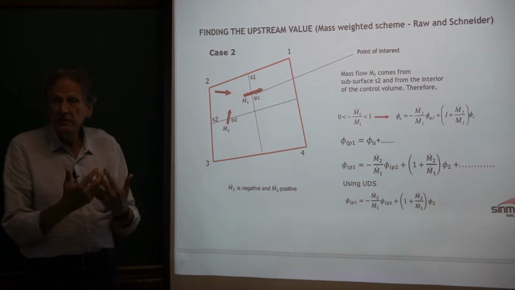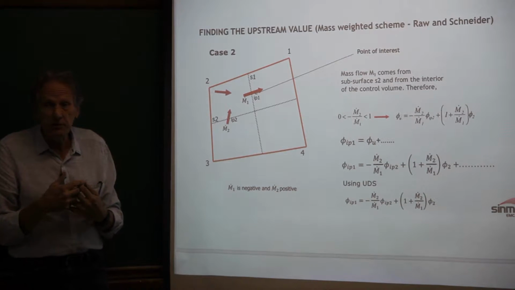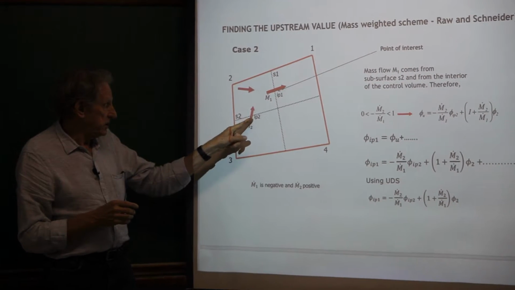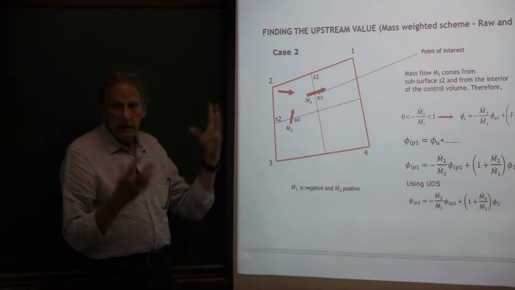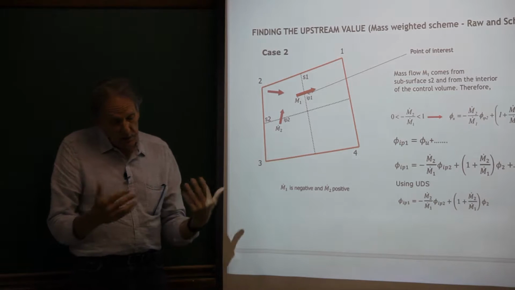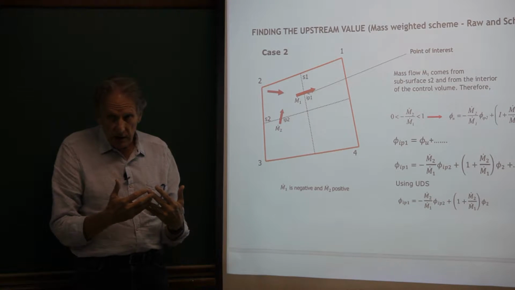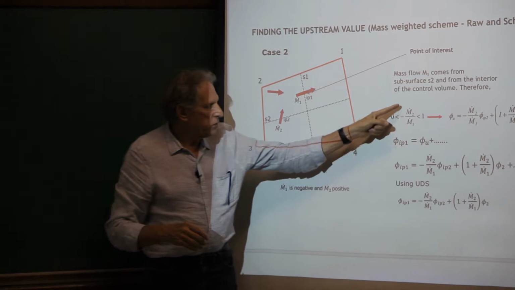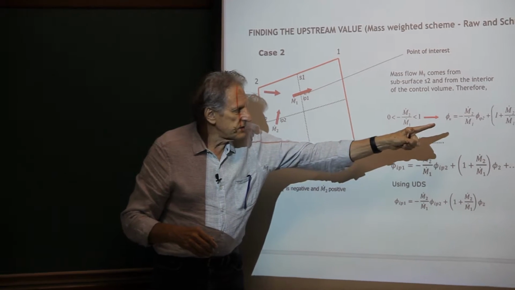So there will be a mixing. The phi upstream is not just one location. It's not this one or not that one. It's a mixing of both points. And this mixing will be done considering the ratio of the mass flow. And then this is the condition.